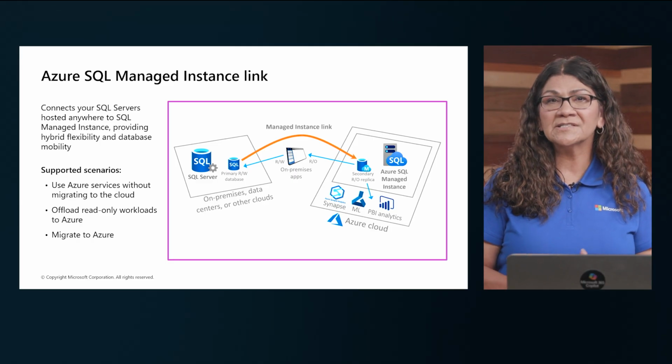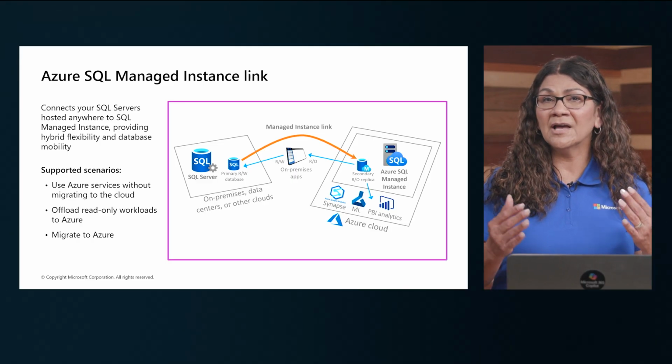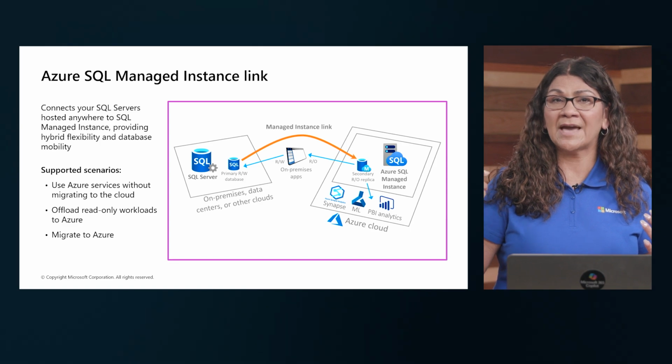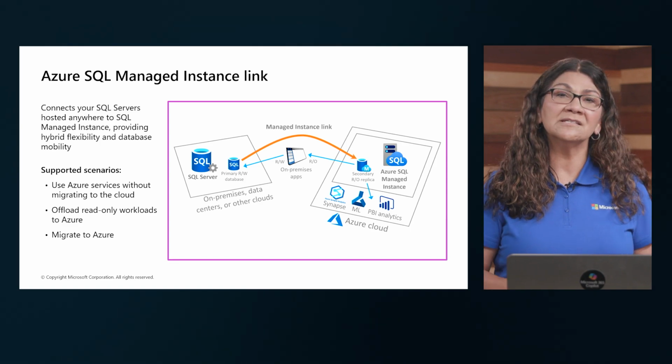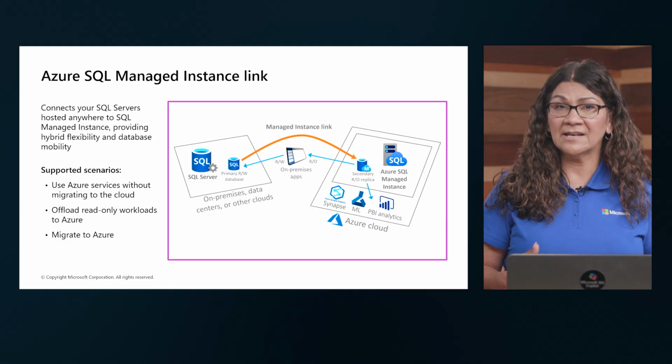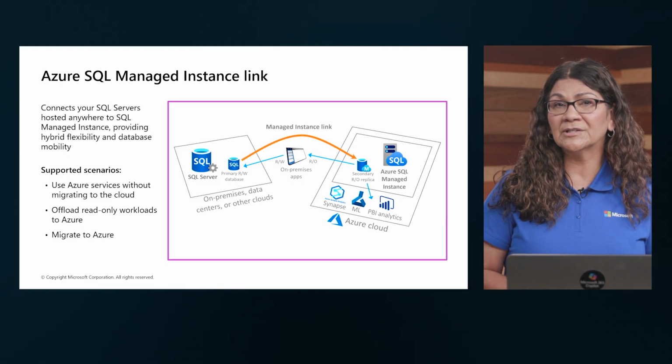As you can see from this diagram, it shows us how an on-prem SQL Server with a primary read-write database connects to a read-only replica in Azure via the Managed Instance link. This setup enables hybrid flexibility by replicating data using distributed availability groups.